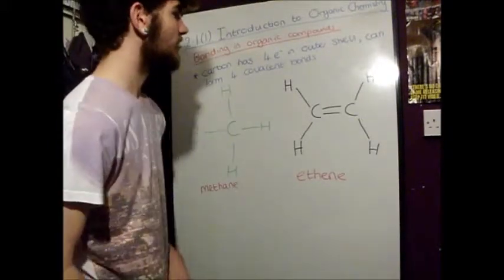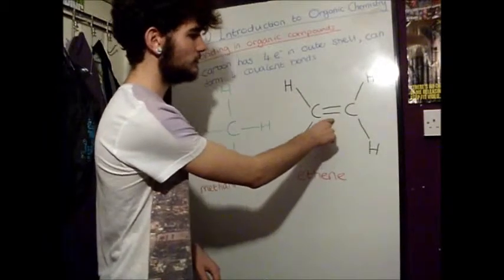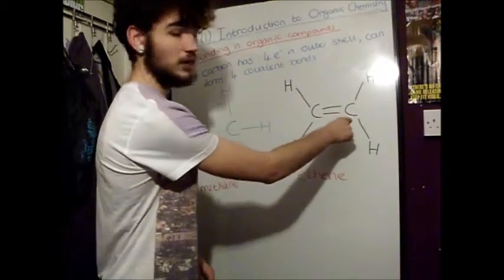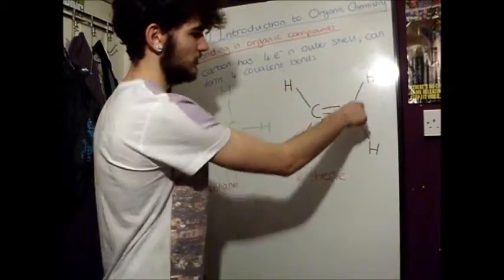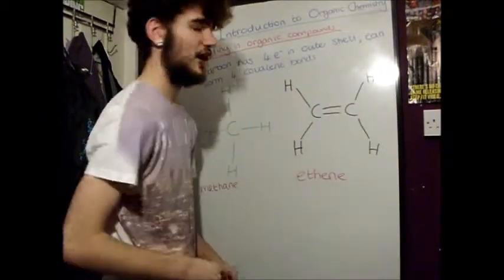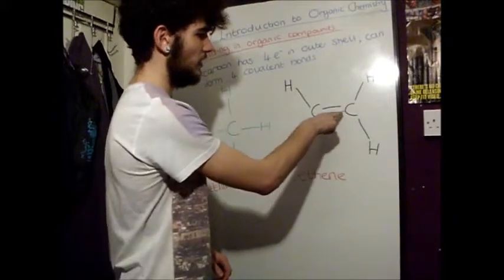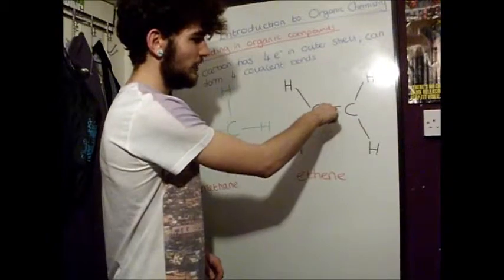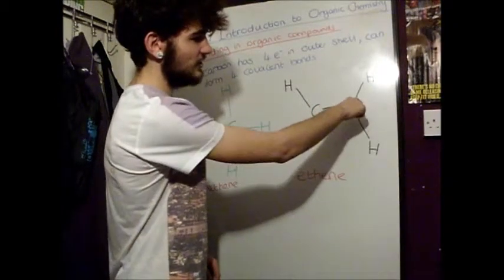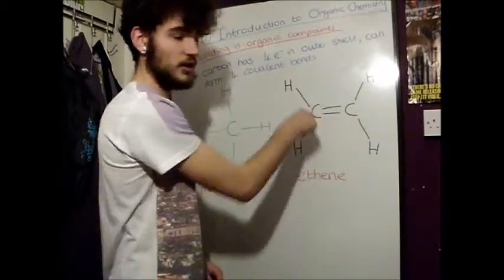In ethene, there's a double bond between 2 carbon atoms, and then there are 2 other bonds on each side attached to hydrogen, and because carbon only has 4 electrons in its outer shell, there's 1, 2, 3, and 4, so there are only 4 bonds per carbon atom.